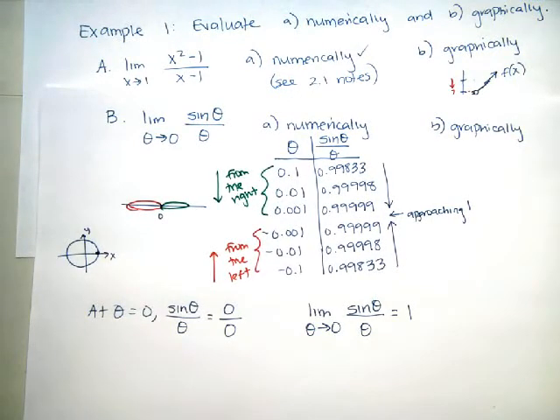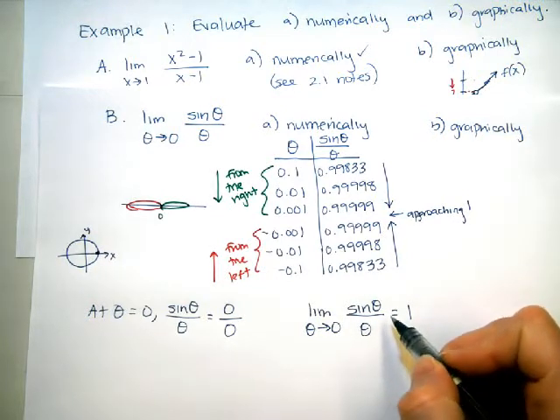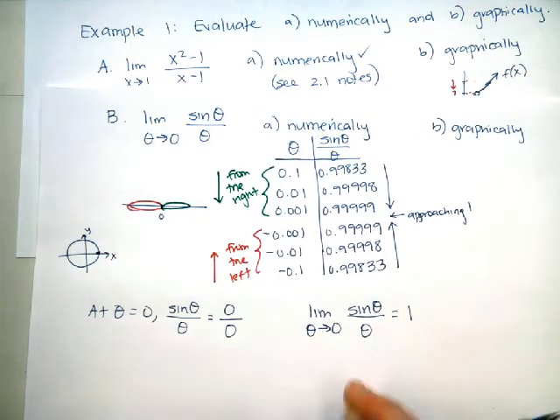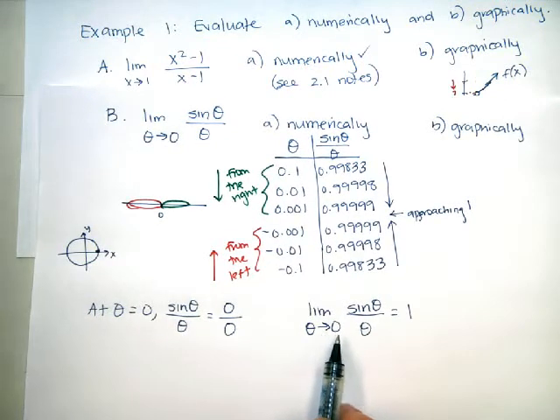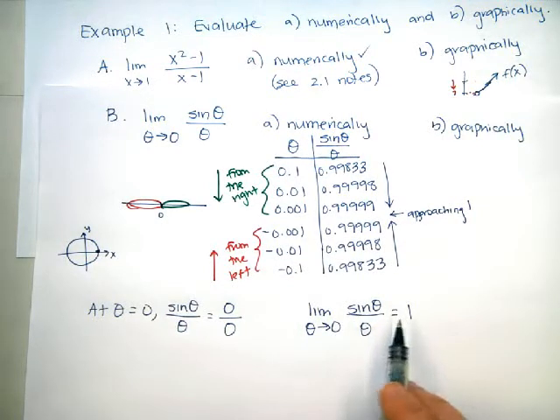Yeah, what's up? Oh, I'm really glad you asked that. The question was, when you say equals 1, should we use an approximate sign instead? Because of the way this notation is, if I read it out loud, here's what it means. The limit as theta approaches 0 of sine theta over theta is 1.